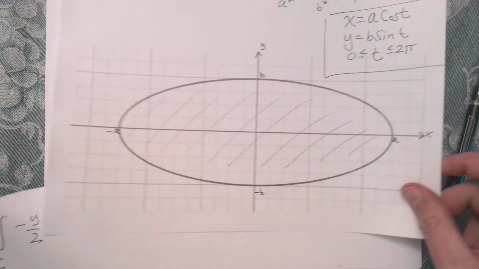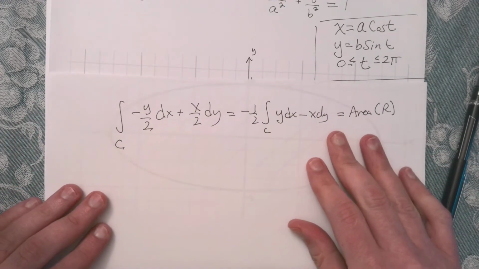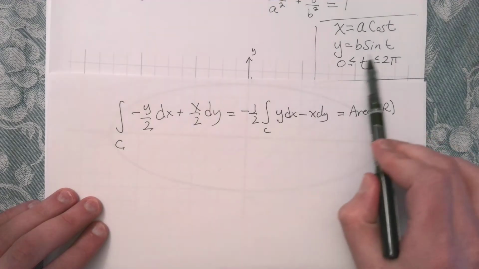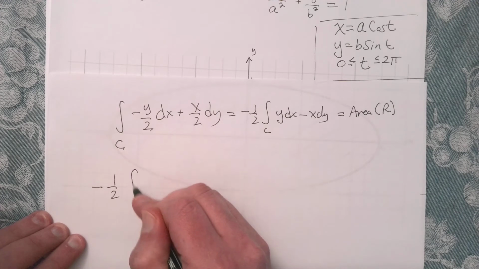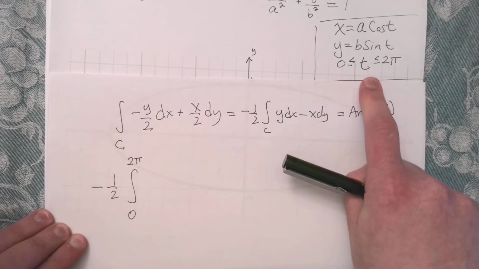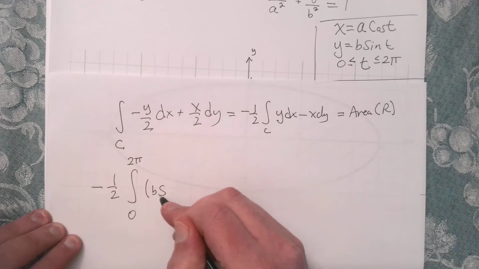Okay, so we've got a nice parametric description of this boundary curve here. And so we want to take this to the realm of our line integral. Okay, so let's use this. So playing the role of y is exactly this. We're integrating from 0 to 2 pi based on our parameter t. Now y we said was equal to, again, b sine of t.